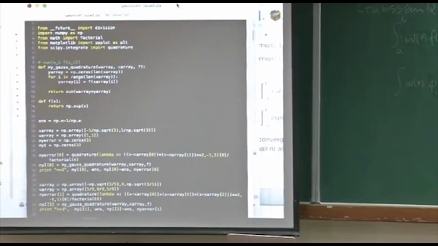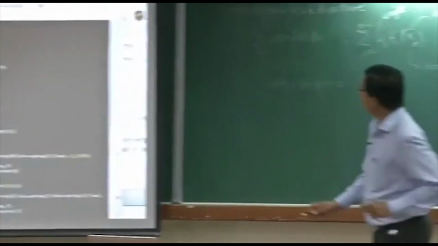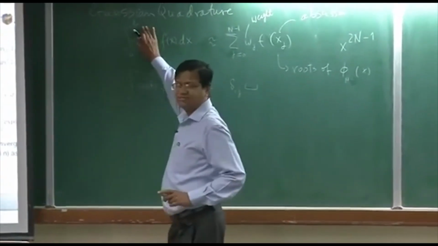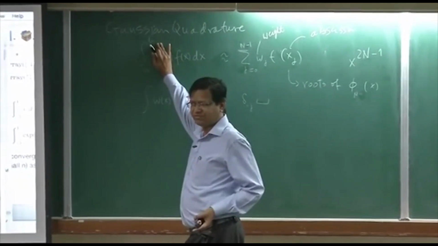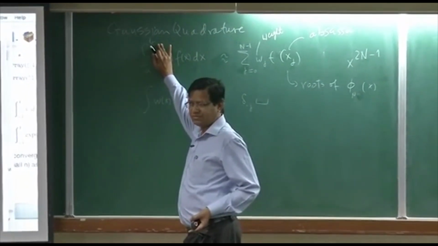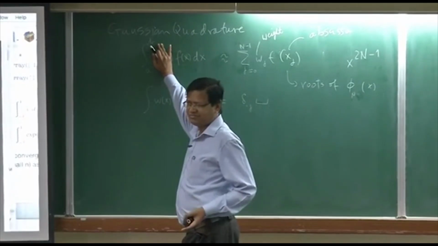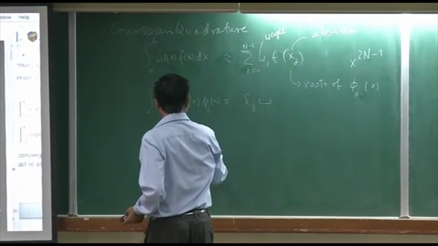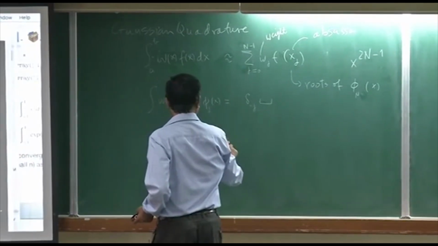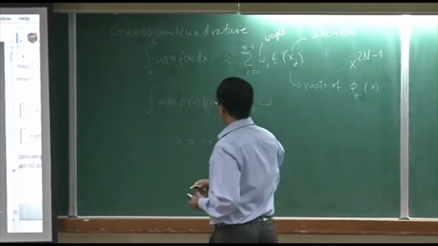So how do I change the range? So let's take a small detour. I want to do the integral from a to b using Legendre, but Legendre is defined only from -1 to 1. Okay, so I make a change of variable. So I'll make a change of variable x prime equal to alpha x plus beta.